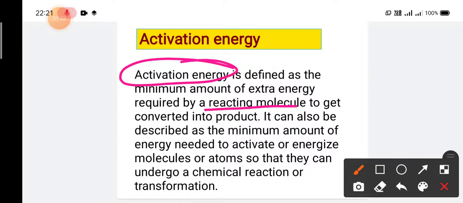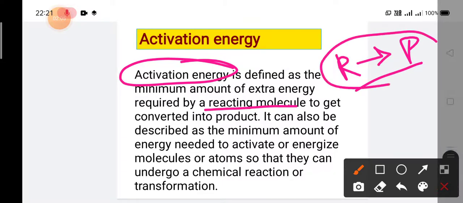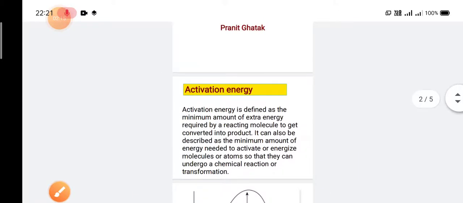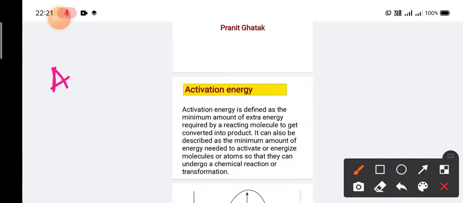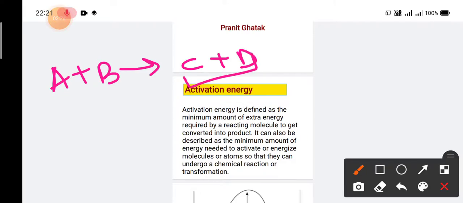Okay, so as we know, any reaction happens between the reactants and the products. Reactants react and products are formed. Suppose a reaction is occurring between A and B. A and B react and produce C and D. So C and D are the products and A and B are the reactants.